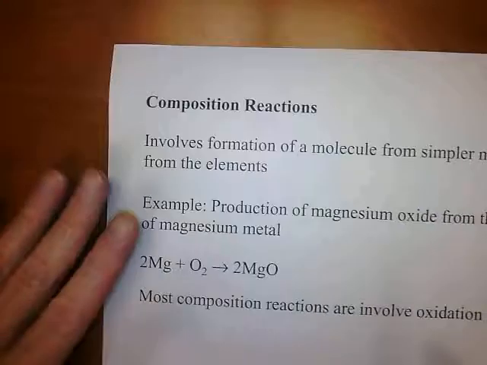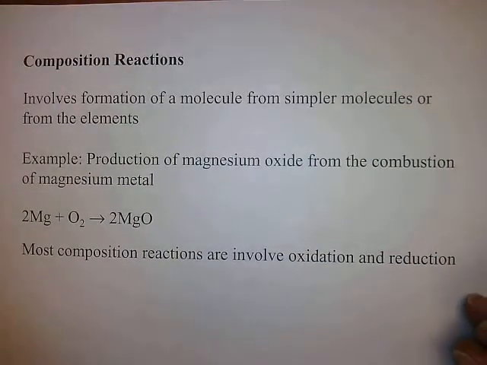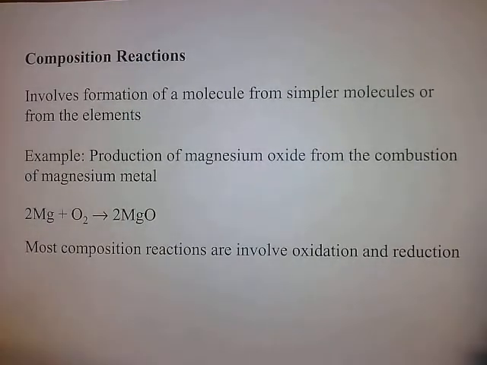Okay, so just a couple more things here that I want to talk about. Composition reactions. Now we're not classifying reactions here by the chemical principles behind them, but rather by the type of reaction.